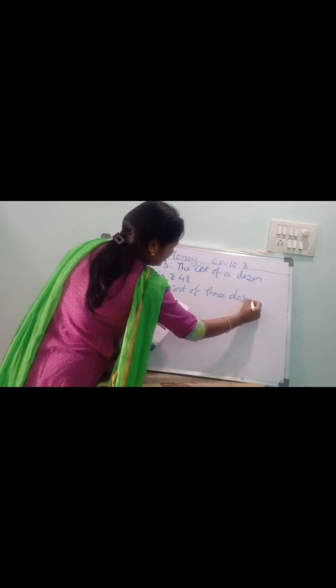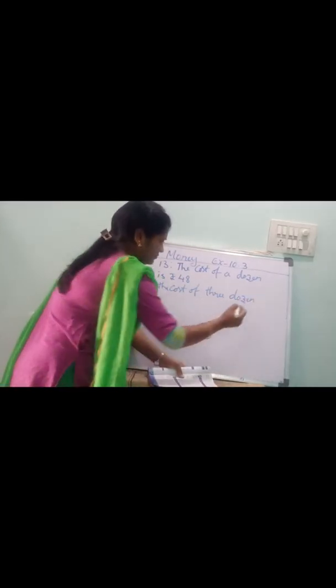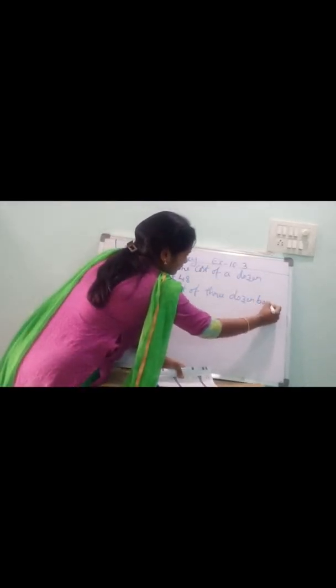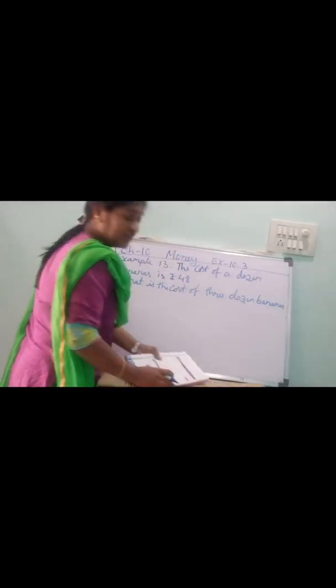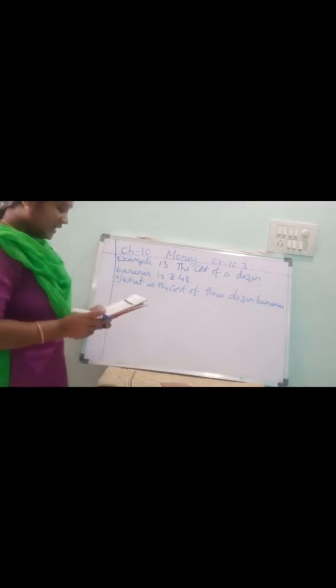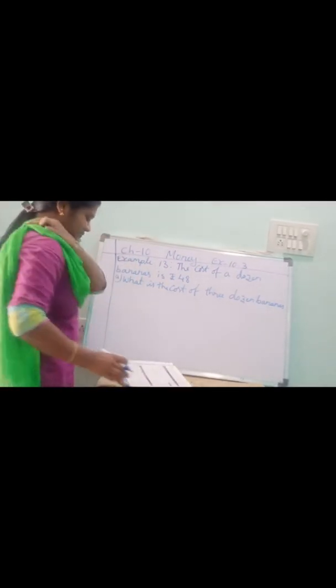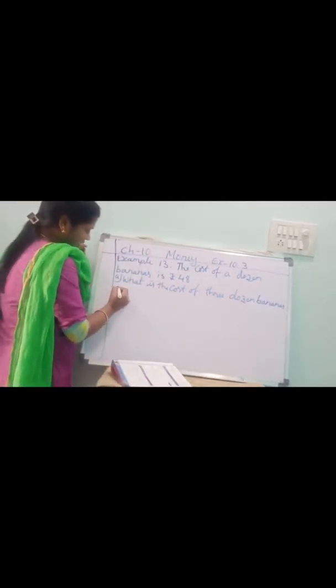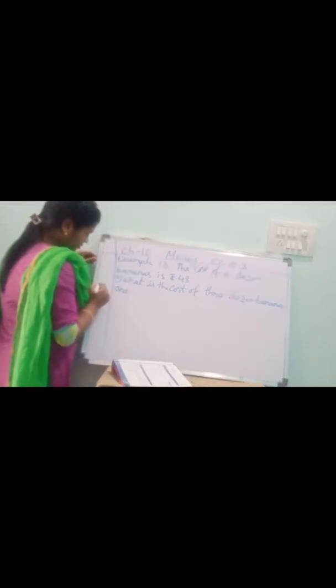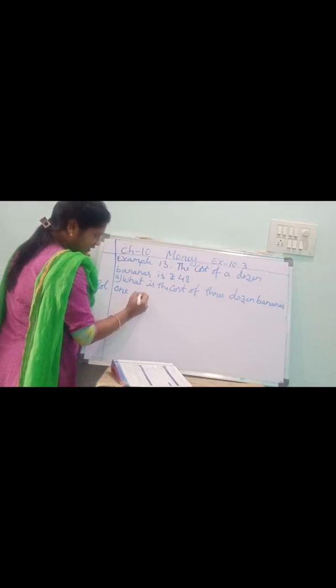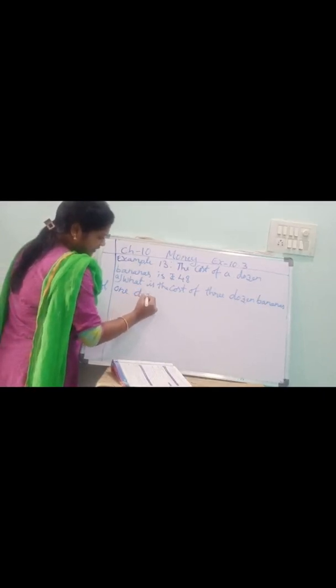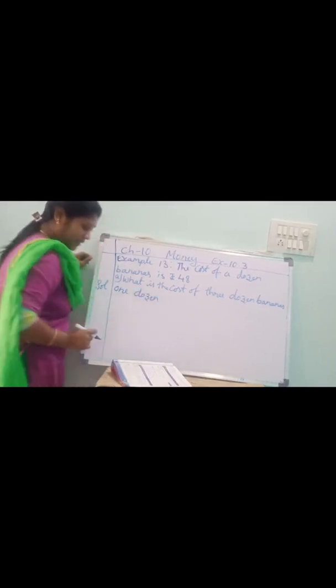One dozen is equal to how many bananas, children? Tell me. 12. So 3 dozen means? See, solution. One dozen banana means 12 bananas.